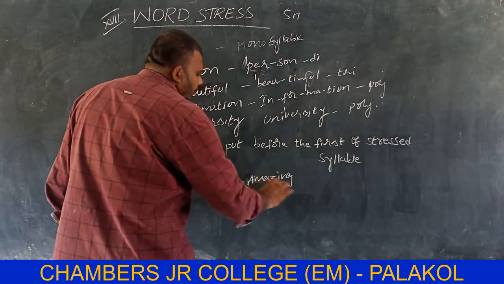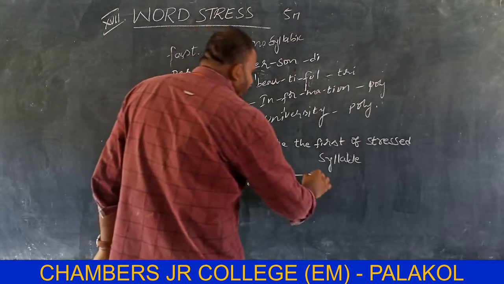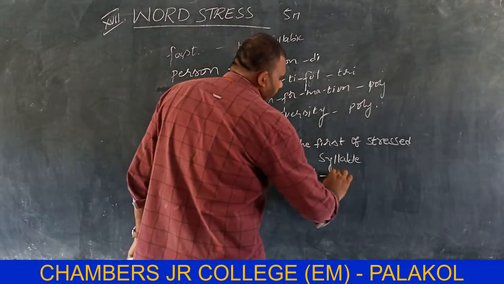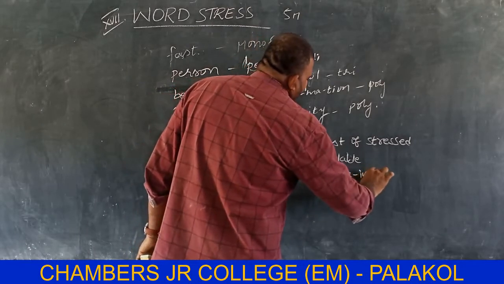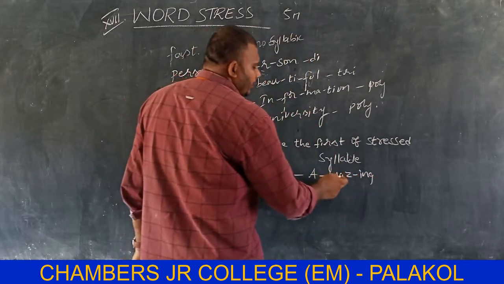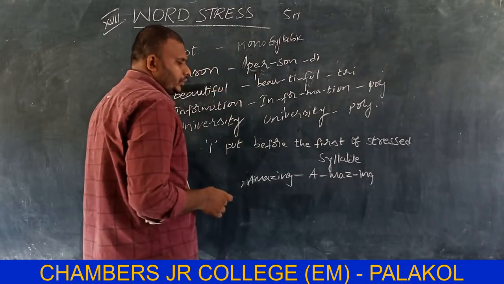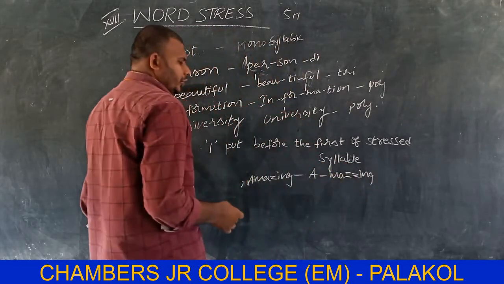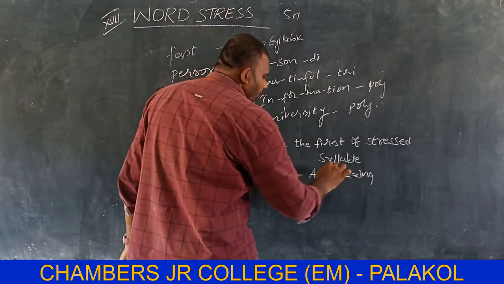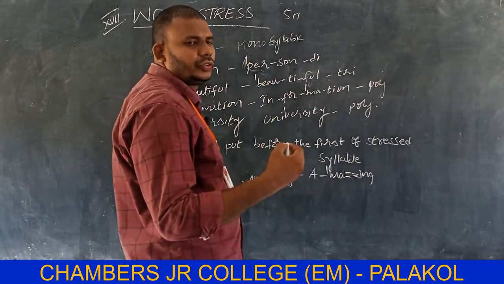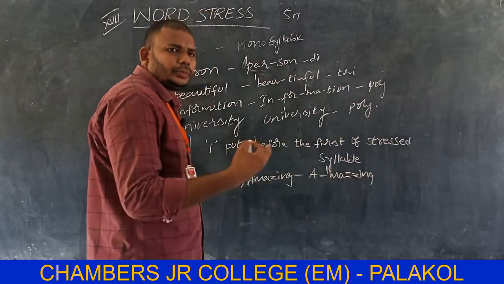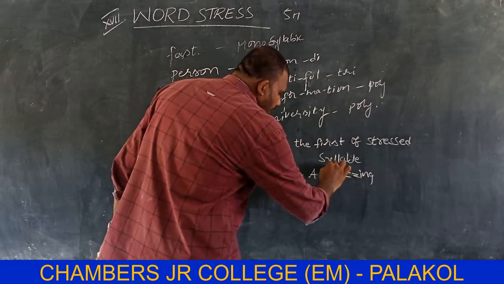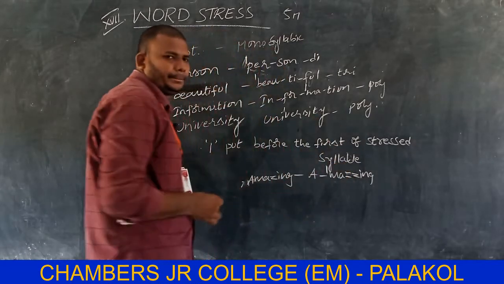Here the word amazing is a trisyllabic word. If you divide it into syllables, we can write it like this: amazing. Here the second syllable is pronounced with more force. That's why we put the stress mark on M.